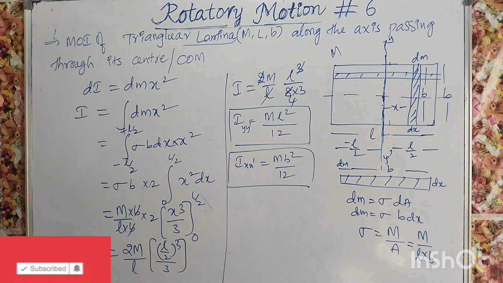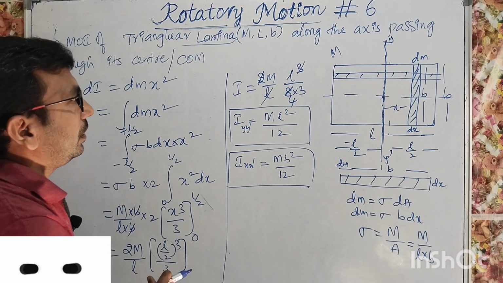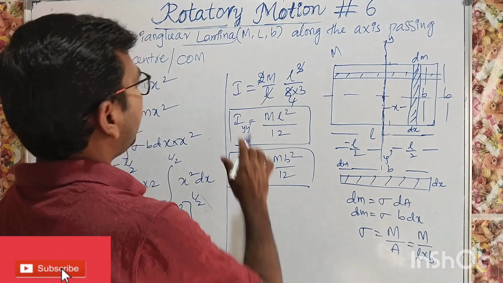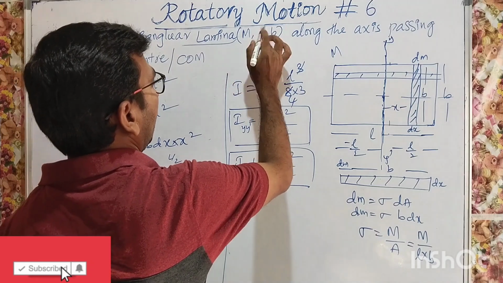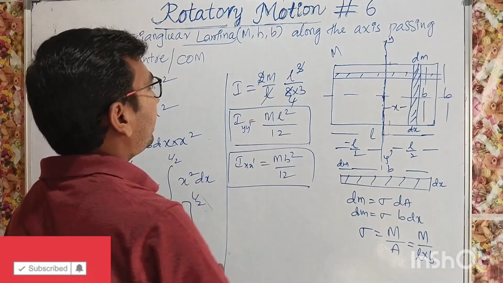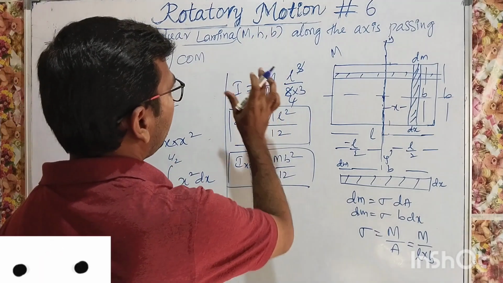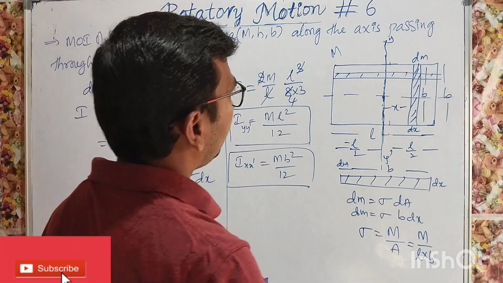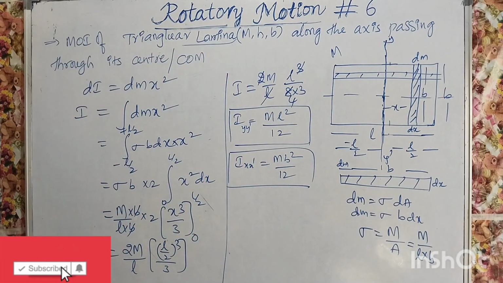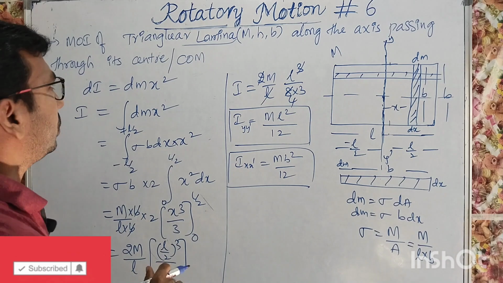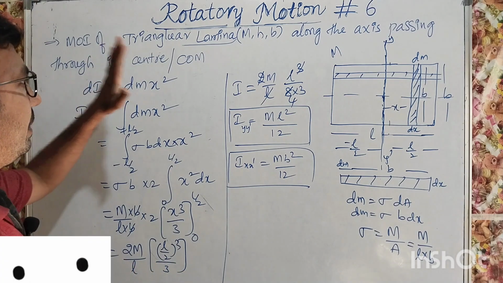Moment of inertia of a triangular lamina of mass m, height h, and base b along the axis passing through its center of mass.